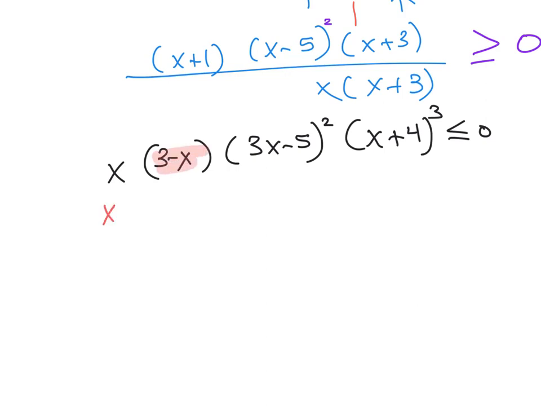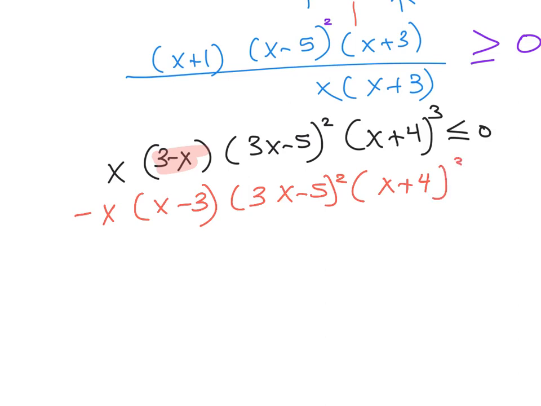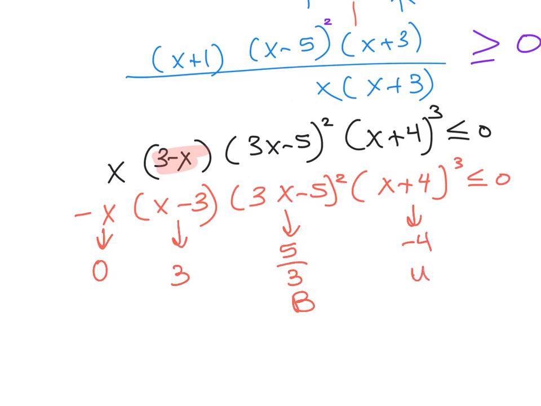So I need to factor out the negative and it becomes x minus 3, because that's going to affect how my graph is going to look. That will not change the inequality since I'm not dividing by a negative, I just factor the negative out. So the first x-intercept is 0, then 3, then 5 over 3 with multiplicity of 2, so it's going to bounce, and then negative 4 with multiplicity of 3, so it's going to wiggle.